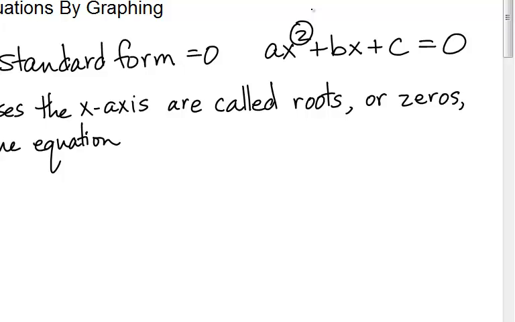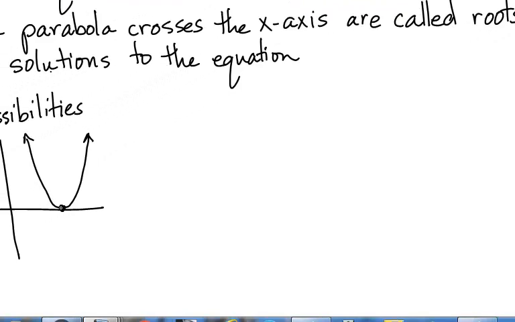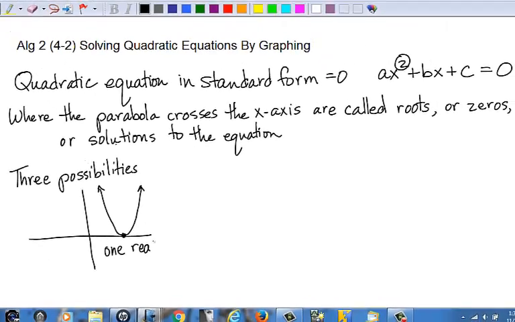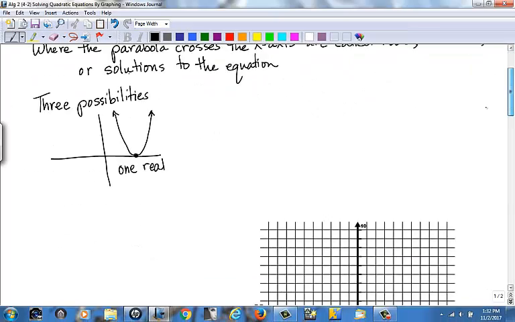But on this part where it actually doesn't cross, it just touches, it's what they call a double root. Like you might end up with an answer like x equals 3 and x equals 3. It just touches. So this one, where it just touches, is called 1 real double root, or 0.